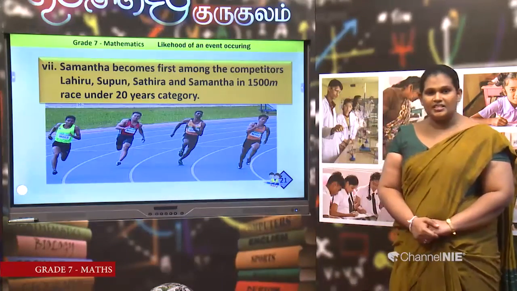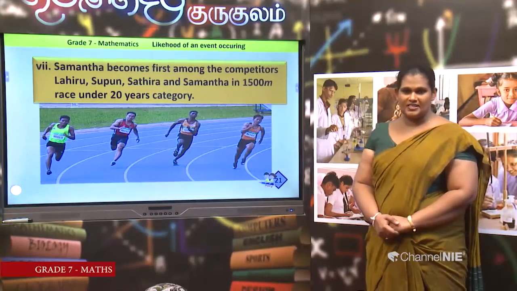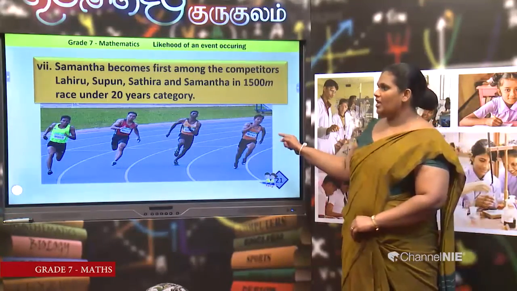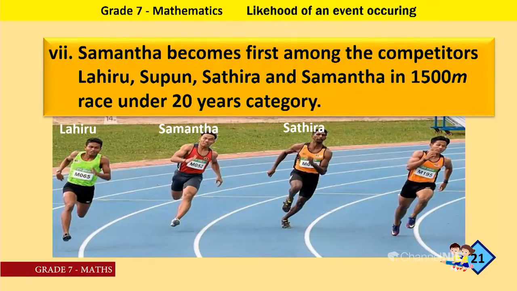Then the next event. Here, you can see forerunners. Isn't that so? We have names for those forerunners: Lahiru, Samantha, Sithira and Supun. Now, this is the 1500 meter race under 20 years category.